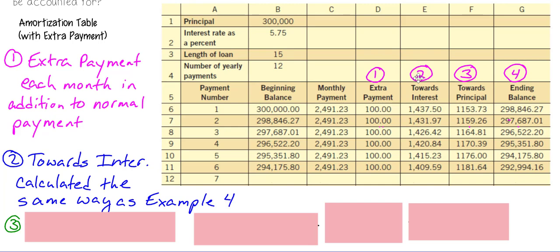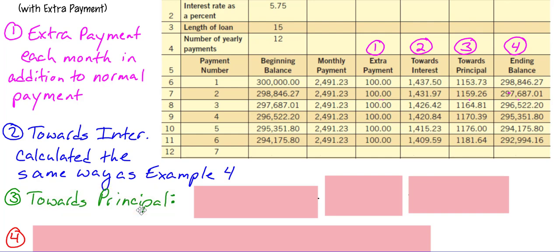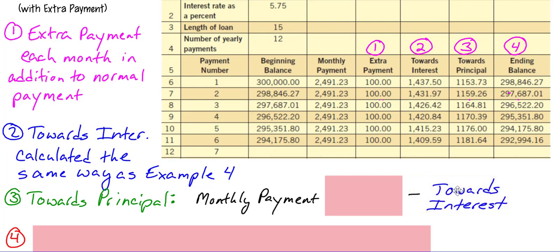Now, what does change is the towards principal amount. Before, we took the monthly payment and subtracted the towards interest. Now we have to take into account that extra payment, and that extra payment goes towards the principal, so it is in addition to the monthly payment.